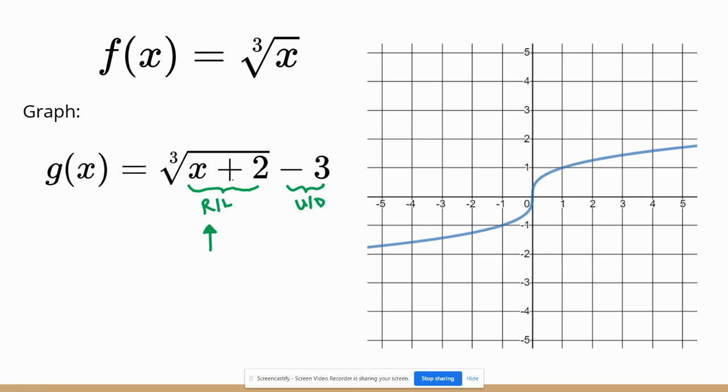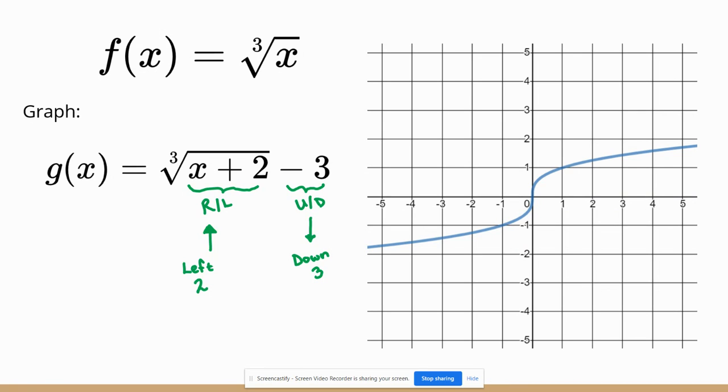So when I see this translation, I think +2, that's to the right 2, but it's not. It's the opposite. So this one is going to translate my graph left 2 spaces. It's attached to the x, so it's going to be the opposite. Then the -3 at the end is going to translate my graph down 3 spaces.